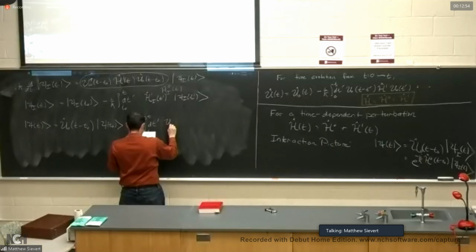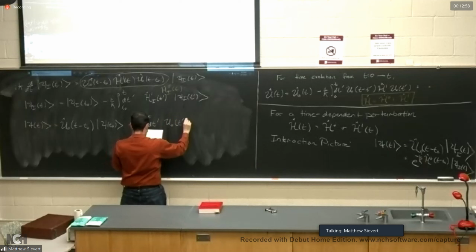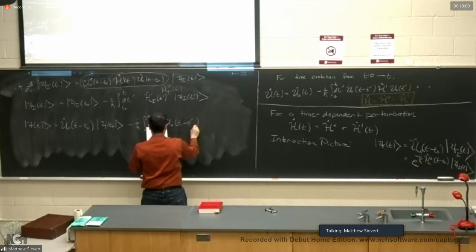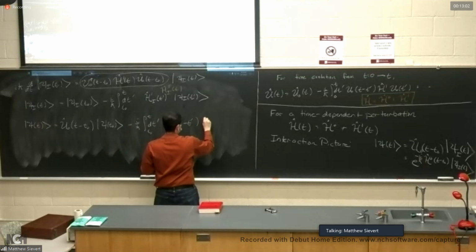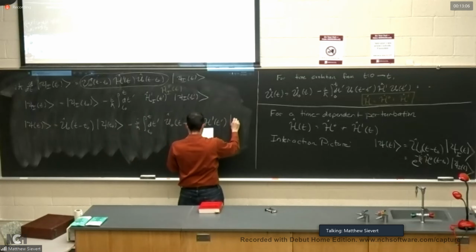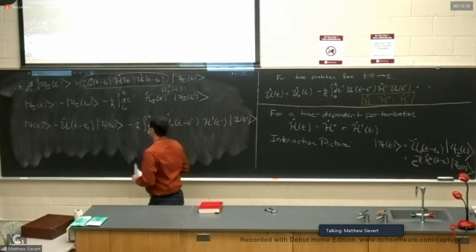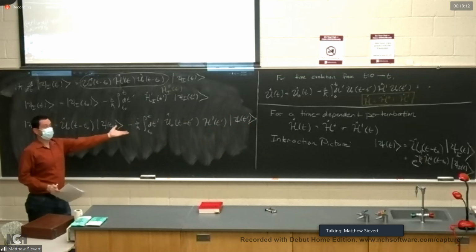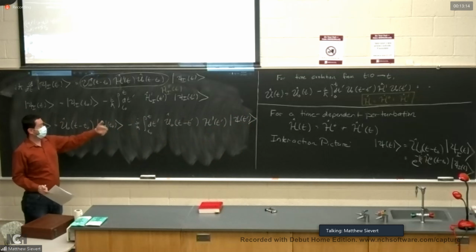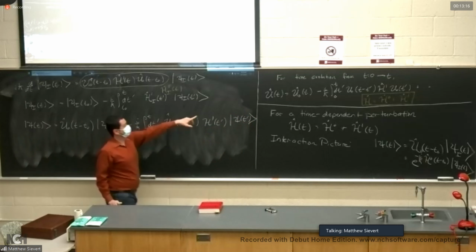And then we had U naught of t minus t prime, H1 of t prime, psi of t prime. So again, this is an integral equation. And by iterating this thing, we get exactly this formula back.